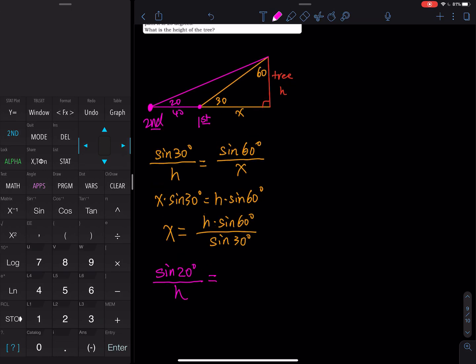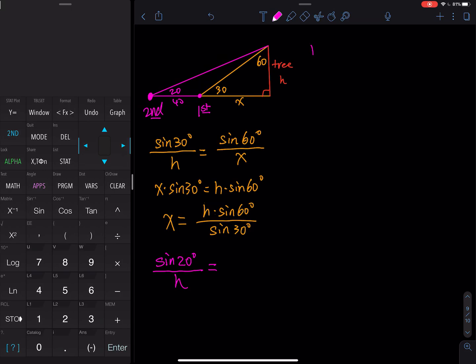So for the big triangle, I'm going to do the math right here. Let's draw that first. This is a 20 degree angle, and this is a 90 degree angle. I am looking for the angle right here. How do I find that?